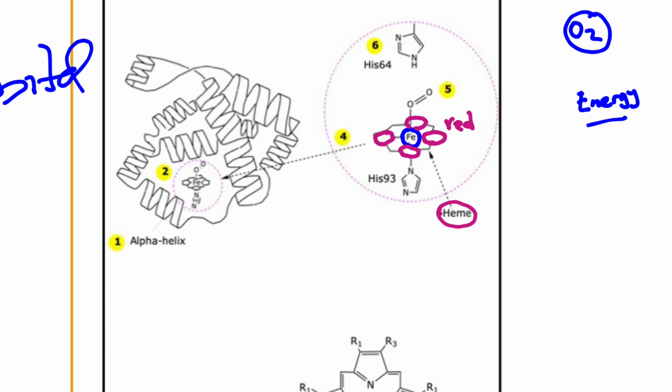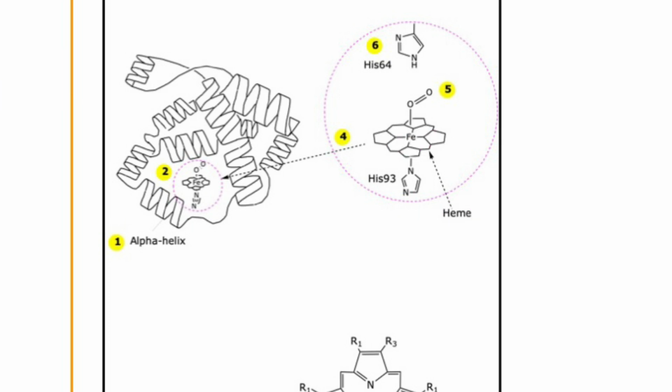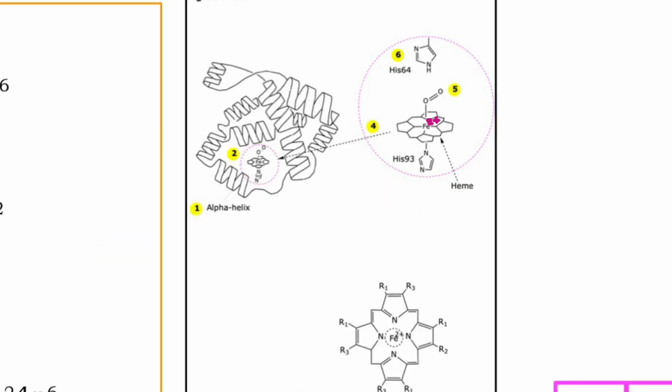So the iron is attached to the heme group. This iron is in the form of Fe2+, the ferrous. So the ferrous is what you find in the heme of hemoglobin and myoglobin. And the heme group, together with the iron, is located at what we call the active site. We'll talk about this under proteins.